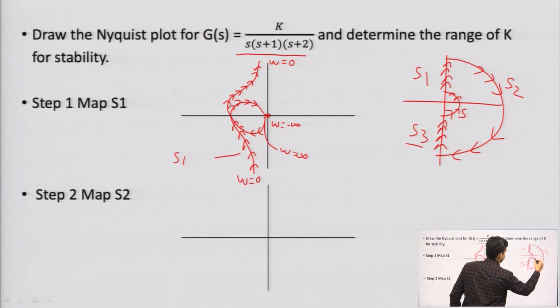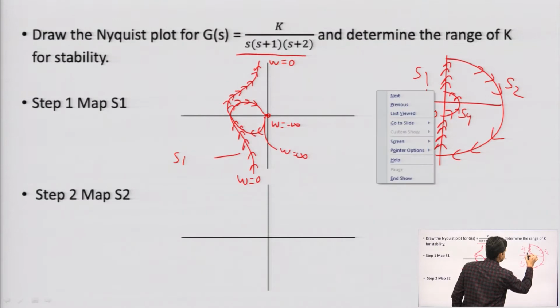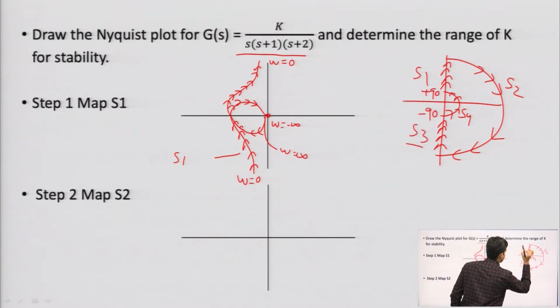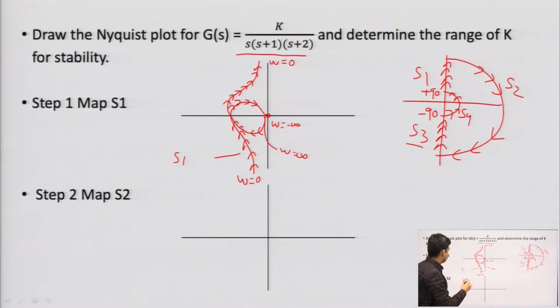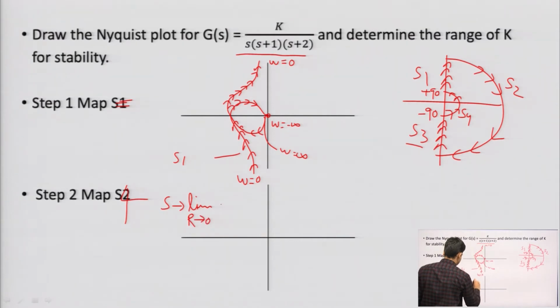In the map S4 we need to observe it is starting from minus 90 and terminating at plus 90. So, this is the step S4, we are not including S4 here. In step S4, in G(s) I will replace s by limit r tends to 0, r exponential of j theta.